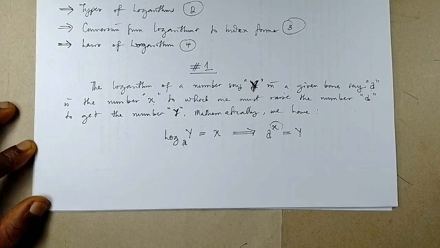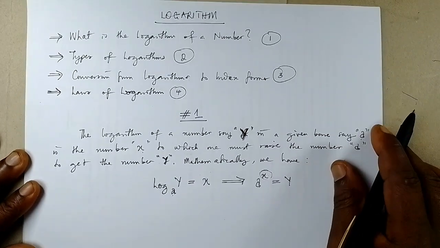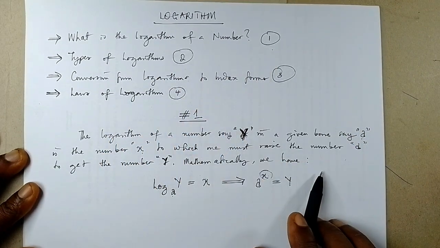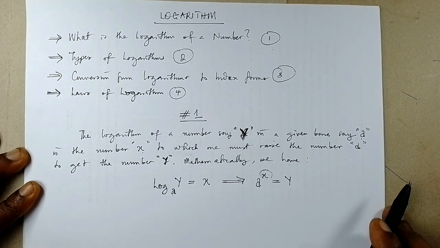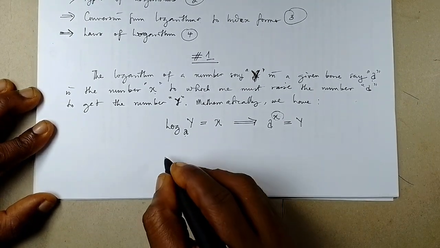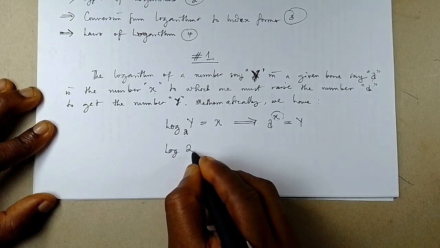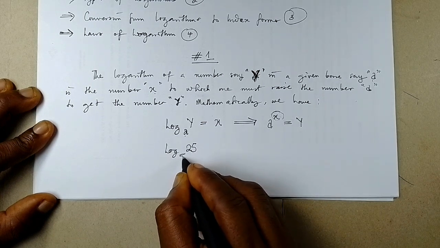Now, let us take a few examples. We have just answered the question, what is the logarithm of a number? But to make it very clear, the question is: what is the logarithm of 25 in base 5?